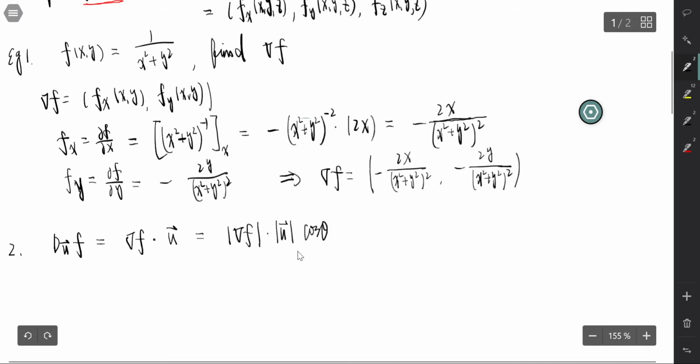Because u is a unit vector, that is gradient f times cosine theta.